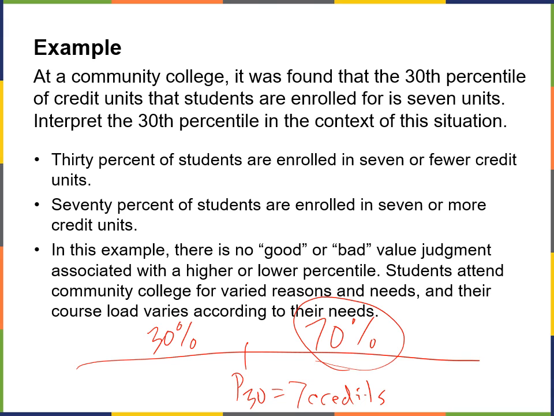It's just giving you information as to how many students you have in certain parts of the enrollment patterns. Really, it's just giving you information about what's happening with your data set, and I think that's the most important thing you need to get out of these percentiles.